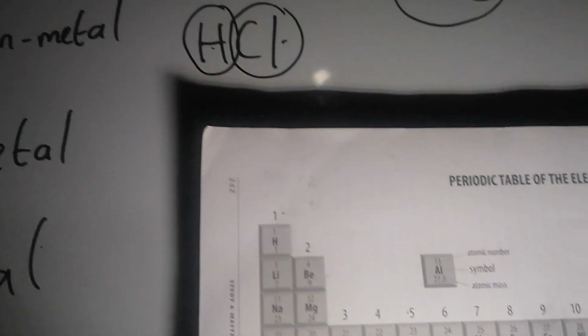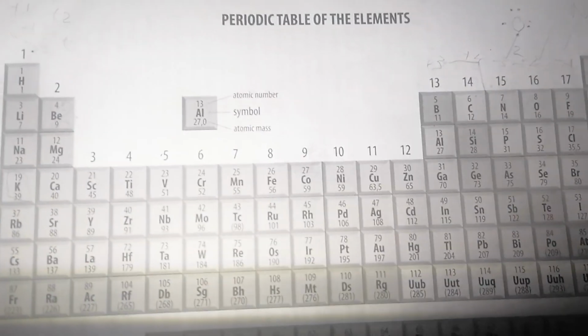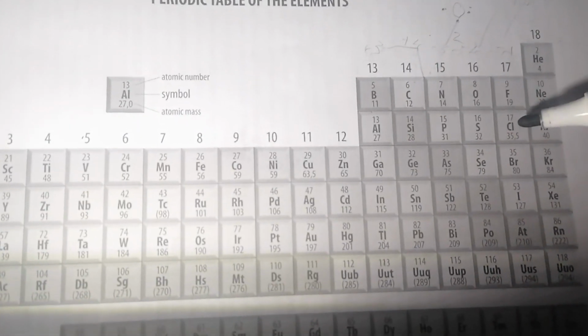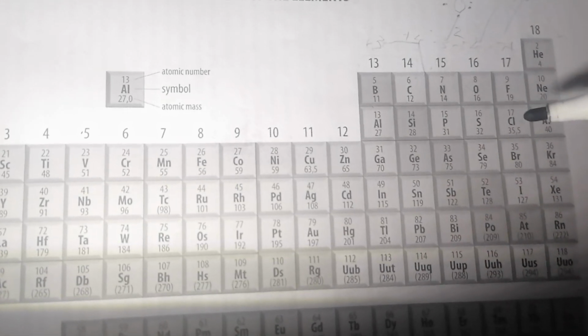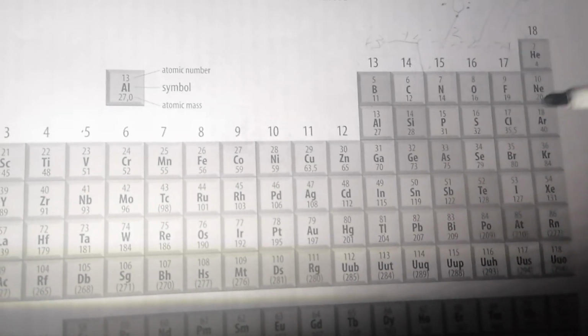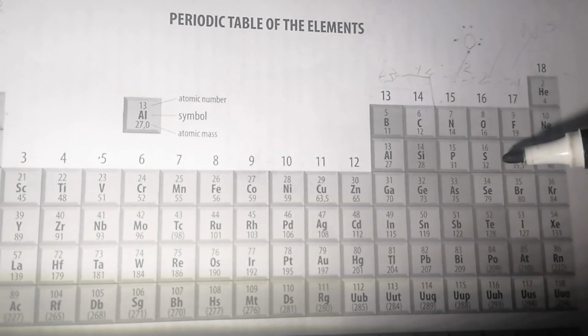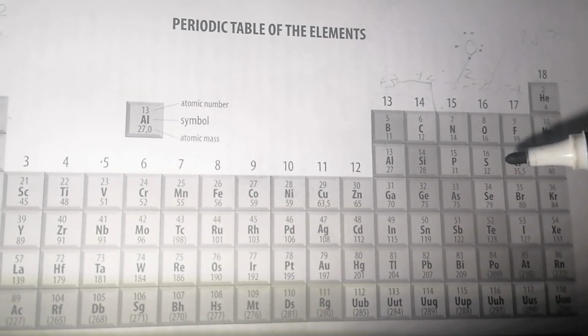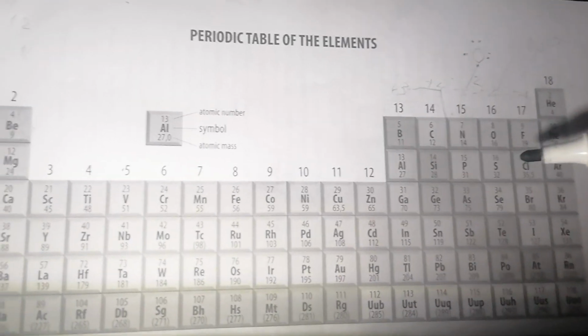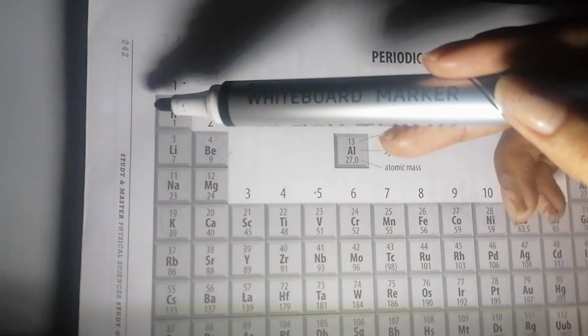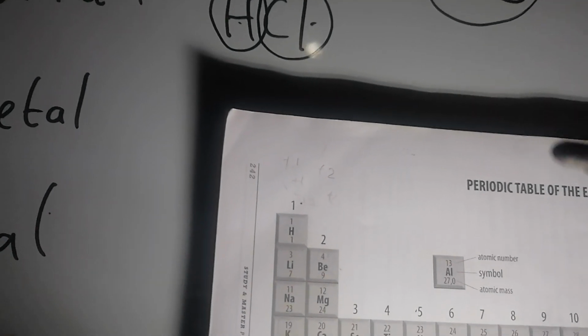You'll go on your periodic table and look for Cl. You look for its electronegativity. It's not on this diagram, but it's on the periodic table that I sent to the group. Let's just say it's 3.5. Then you look at your hydrogen, which is like 2.1.